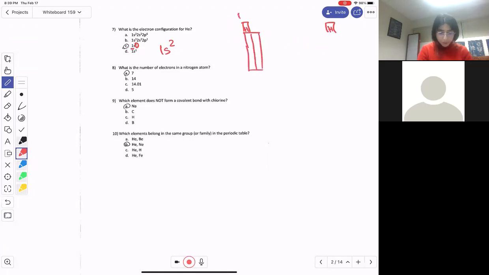group 1A, 2A, and then here you have your transition metals.